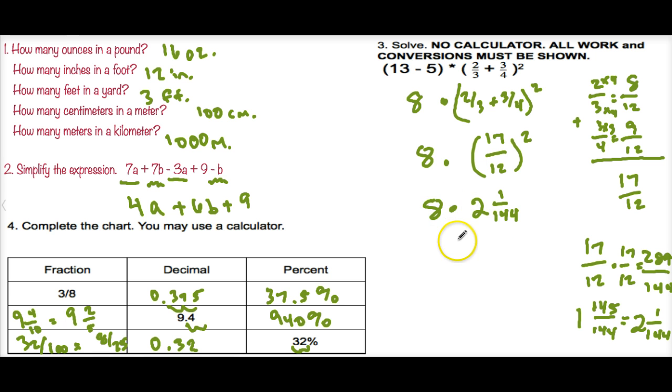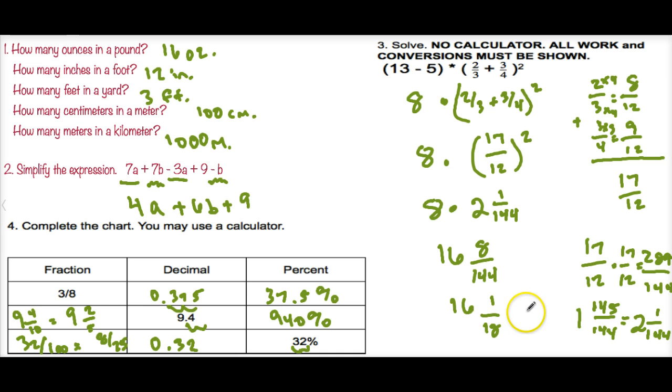So 8 times 2 is 16. And then 8 times 1 over 144 is going to be 8 over 144, simplified is going to be 1/18. So 16 and 1/18.